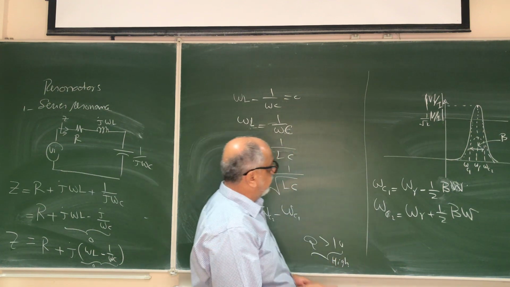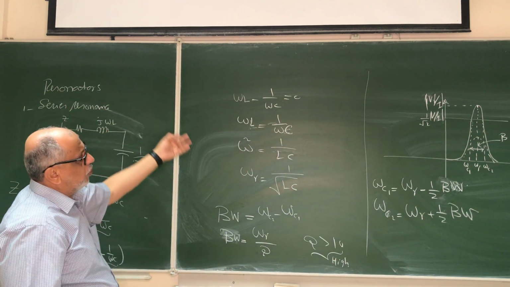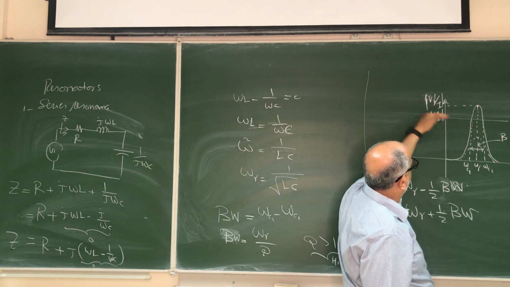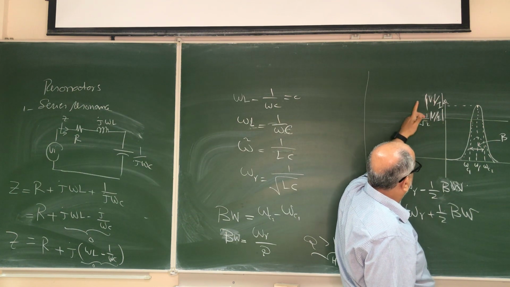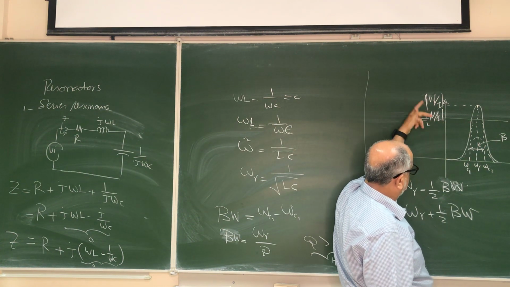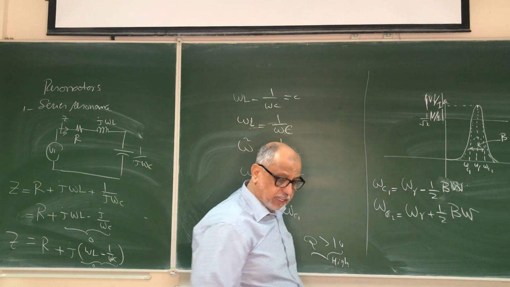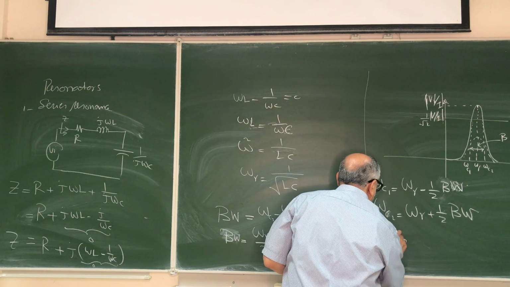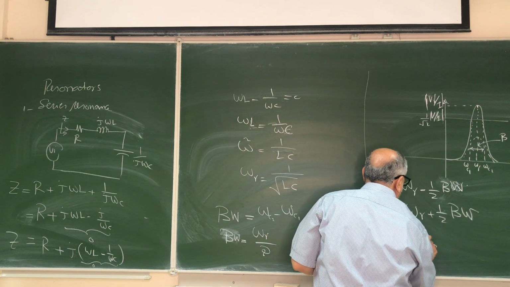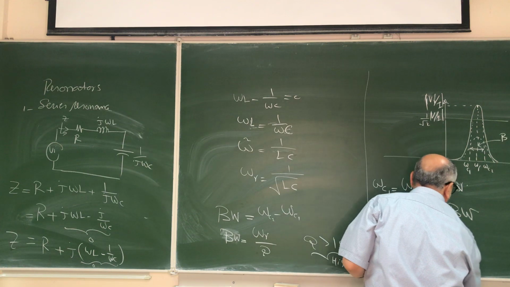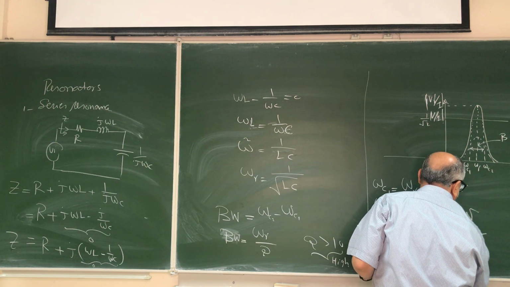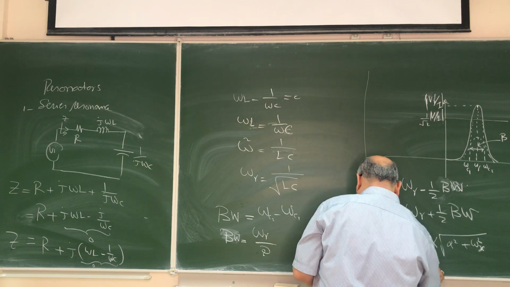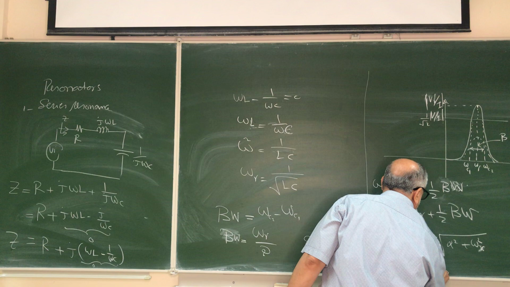If this is not the case, then we have to go to the half power equation. We have to set Z equal to half the power of Z max. Then we find omega C1 and omega C2, which can be written as omega C1, omega C2 equal to minus or plus alpha plus or minus the square root of alpha squared plus omega R squared, where alpha is equal to R over 2L.